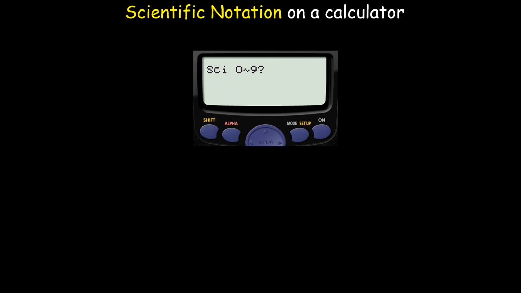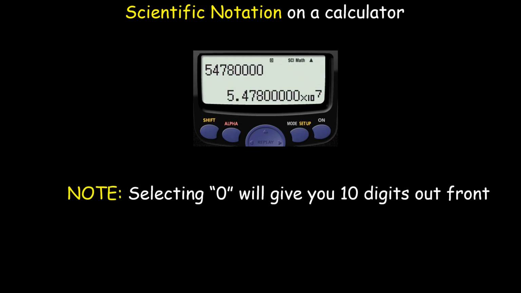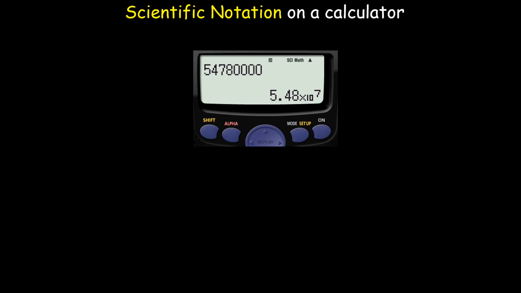If you haven't yet studied significant figures, don't worry. It simply decides how many digits to keep out the front. It's probably best to select 9 because you can easily discard extra zeros if you wish to do so. However, if you select 3, for example, then all answers will be rounded to only have 3 digits out the front, and you could lose some detail or precision depending on the calculations.